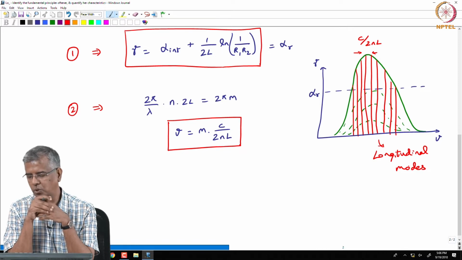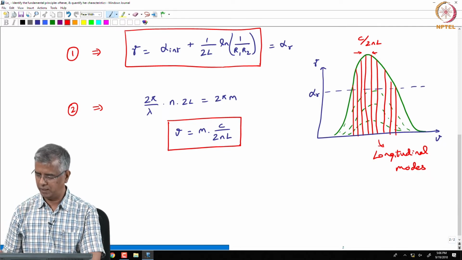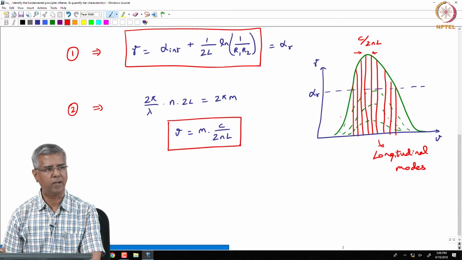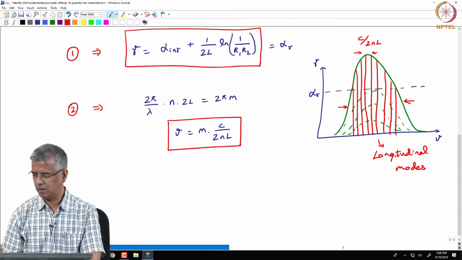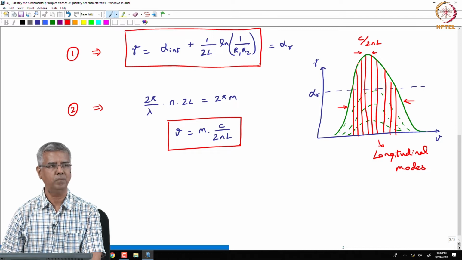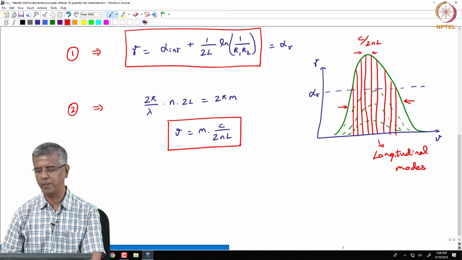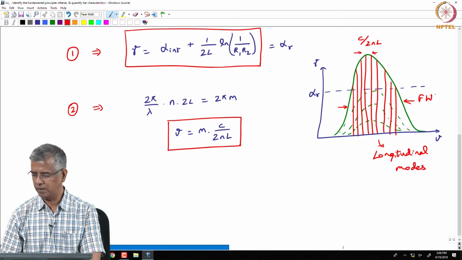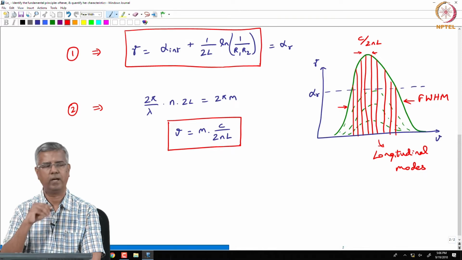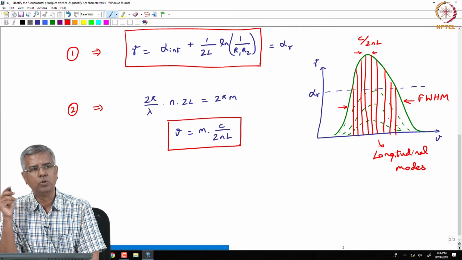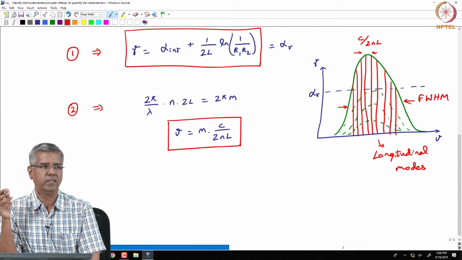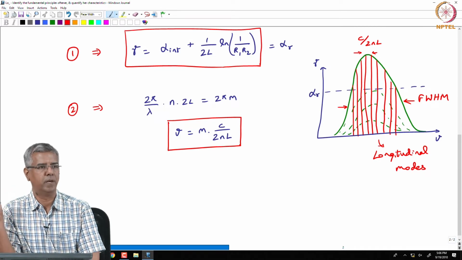So, you have what is called full width half maximum. Half from the maximum, but the complete width, that is called the full width half maximum. When people refer to the line width of a laser, they talk about the full width half maximum of this, and within the line width there could be multiple modes.